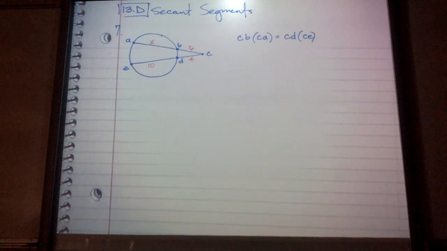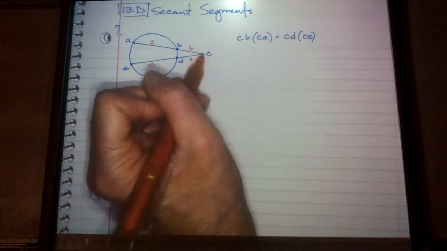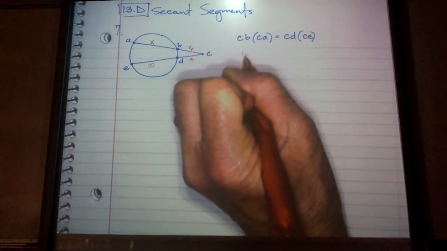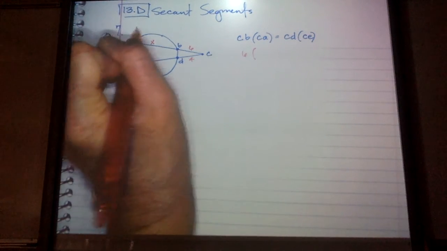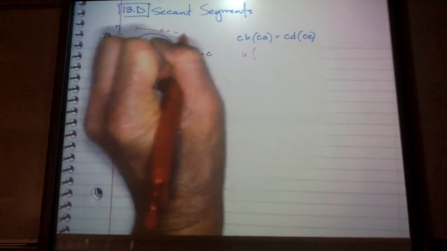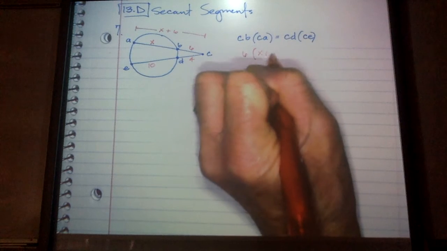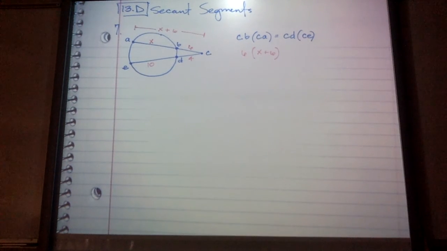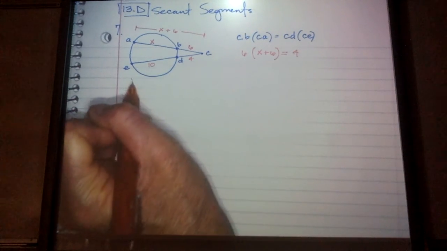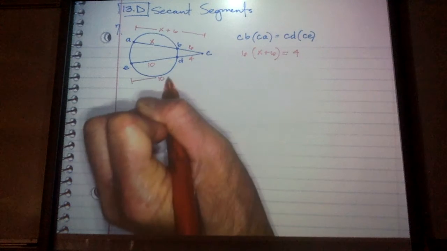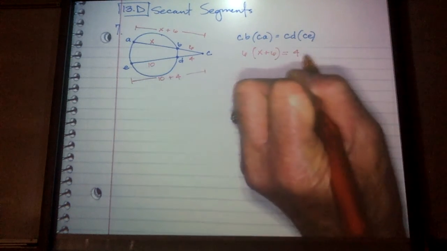So I'm going to give us some measurements. CB is 6 times CA. CA would be x plus 6, because I would add them to get the total distance of that line. And that must be equal to CD, which is 4, times the whole segment, which would be 10 plus 4, so 14.